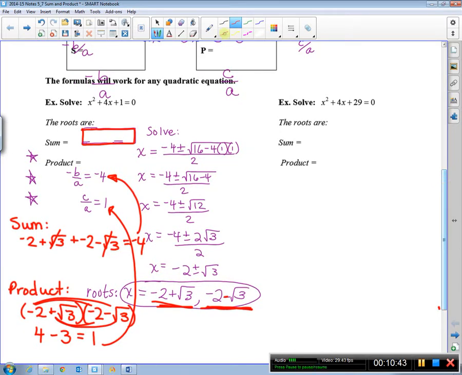Solve the quadratic x squared plus 4x plus 29 equals 0. So you might want to pause. Go ahead and solve that quadratic. I'll give you a hint. There's an imaginary part to it.